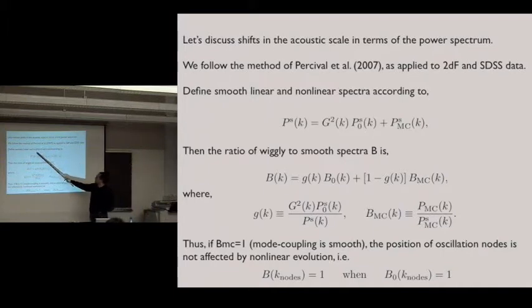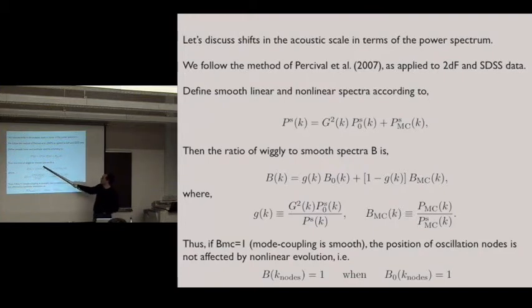So that ratio of power to smooth power is denoted as B, and you can write it down as two terms, one which is proportional to the wiggly initial power over the non-wiggly initial power. So this is the unperturbed acoustic oscillations, which get modified by this function here, which is just a propagator essentially.